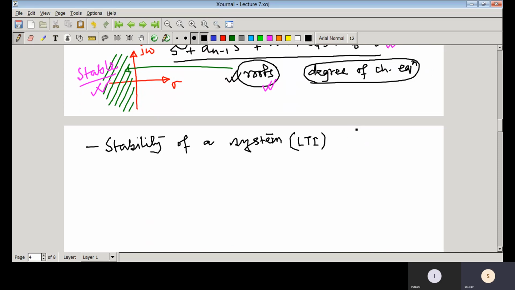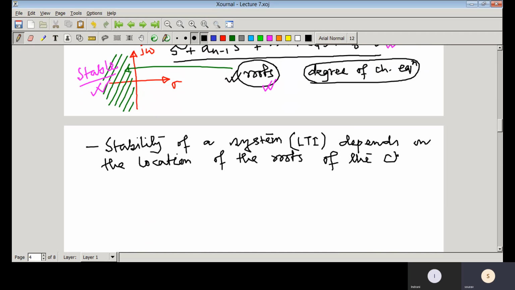Stability of a system depends on the location of the roots of the characteristic equation.